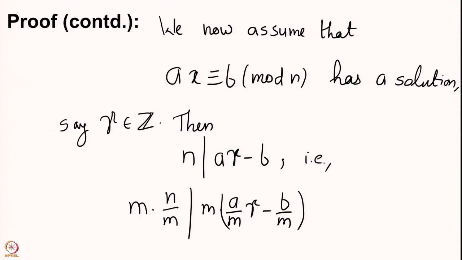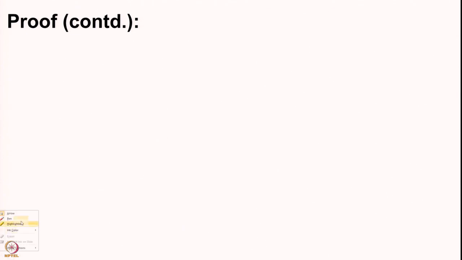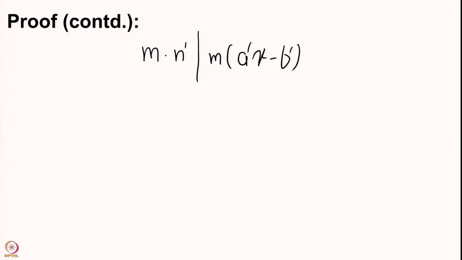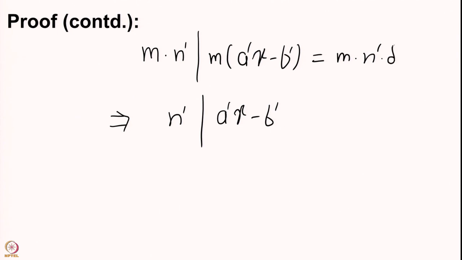So, what we do is that we take m common from all these terms and then that gives us that m into n prime divides m into A prime gamma minus B prime, which implies that n prime divides A prime gamma minus B prime, because we can write this as m into n prime into some number say delta and then we simply cancel out this m on both sides to get that A prime gamma minus B prime is n prime into delta and therefore n prime divides A prime gamma minus B prime.